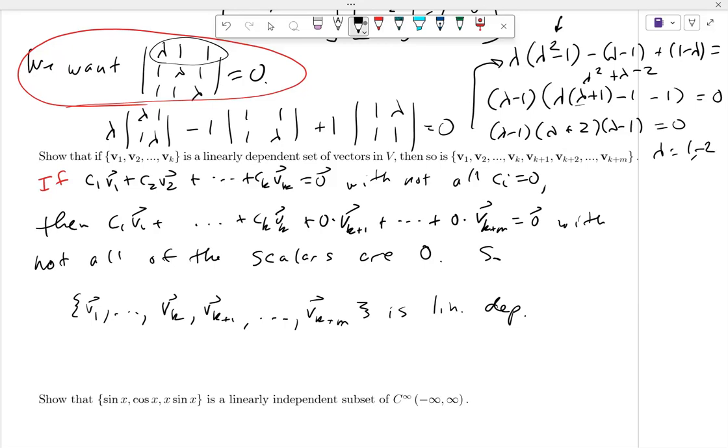For example, if you've had Calc 3, look at the vectors i, j, and k. The i tells you what the x coordinate has to be. The j tells you what the y coordinate has to be. The k tells you what the z coordinate has to be. And none of the other two can give you what the third one does. That's the idea behind linearly independent.